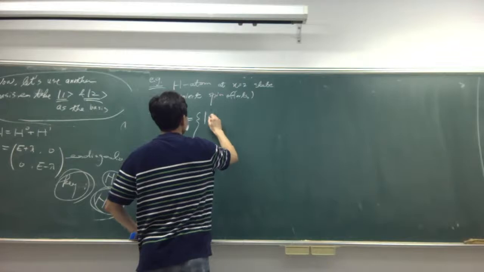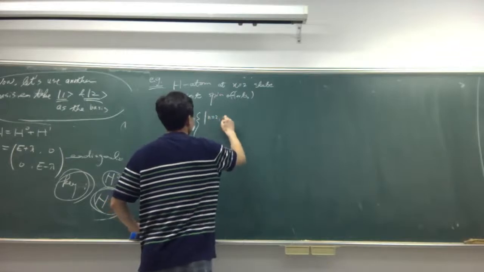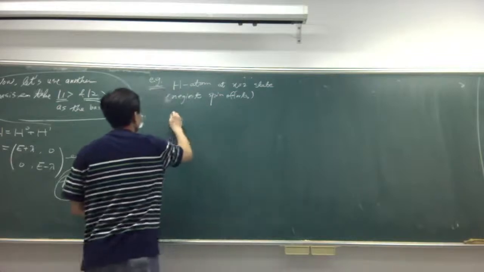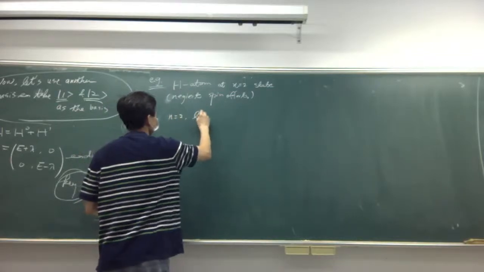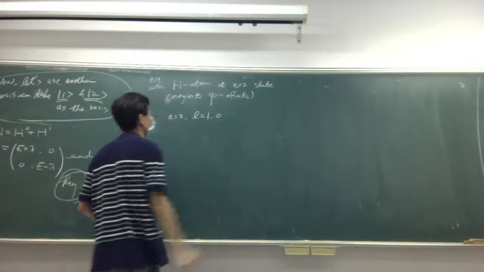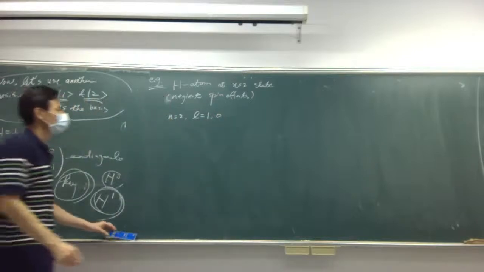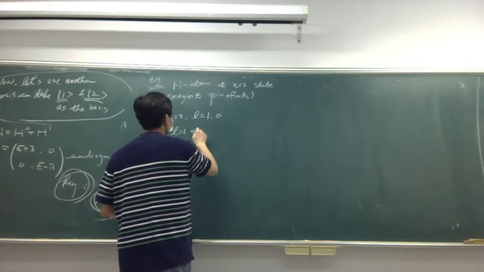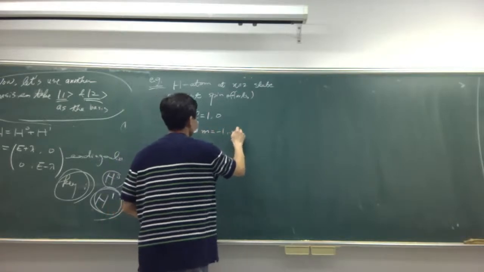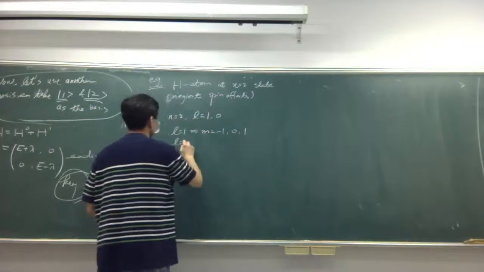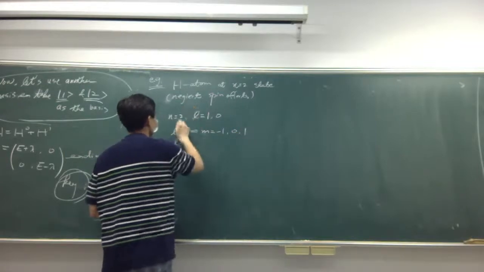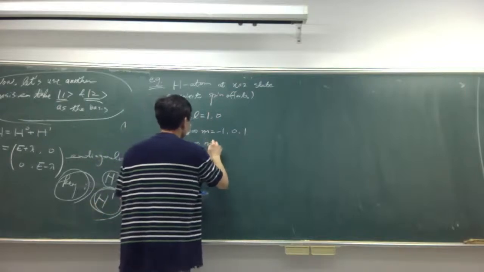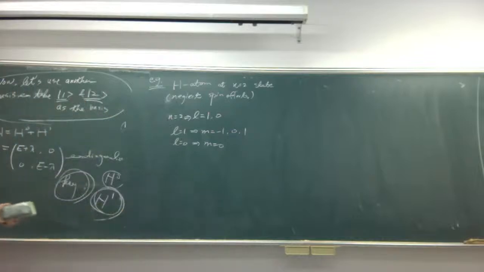Because n equals 2, l could be equal to 1 and 0, right? When l equals 1, m can equal -1, 0, and 1, and when l equals 0, m can equal 0.